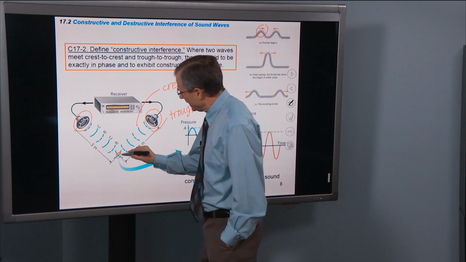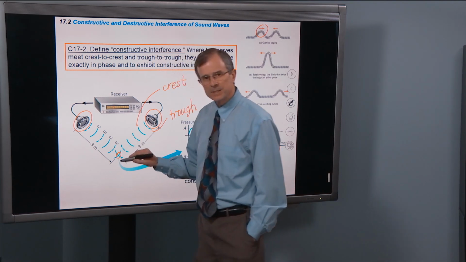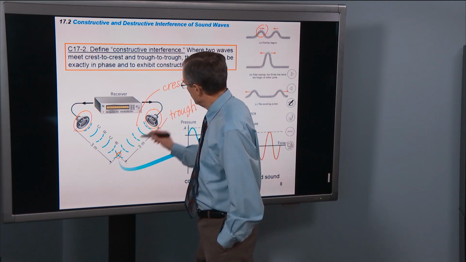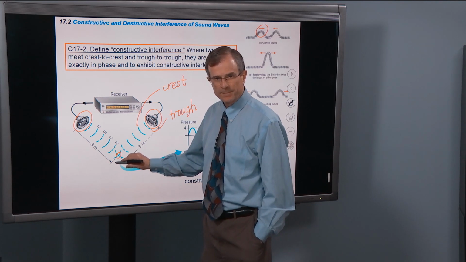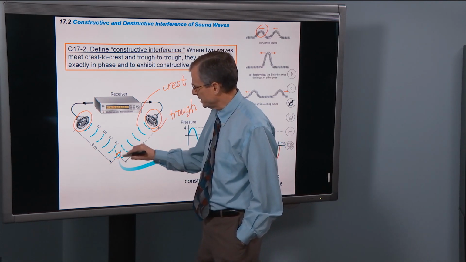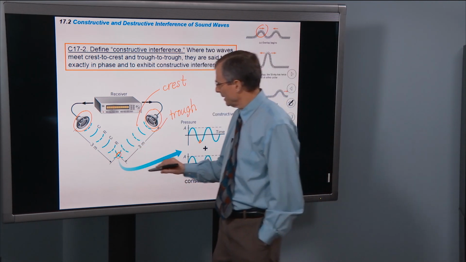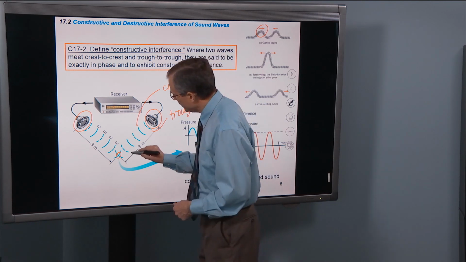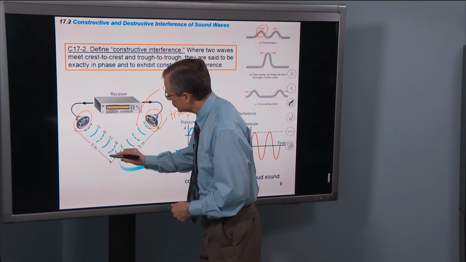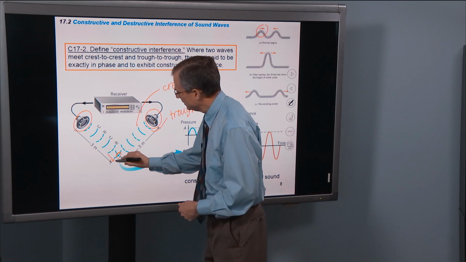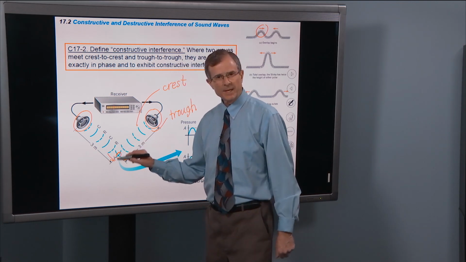Well, at that spot, at this instant in time, the two crests have arrived at the same time because they're two solid lines. And half a cycle later, these two troughs will arrive at that spot.